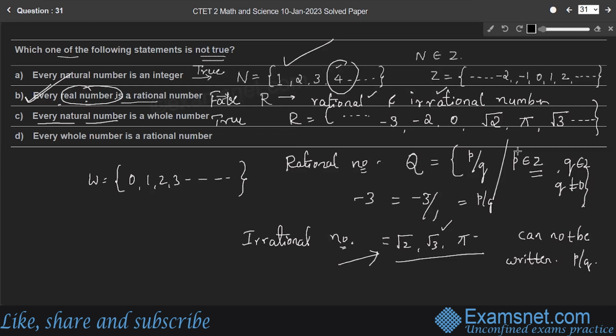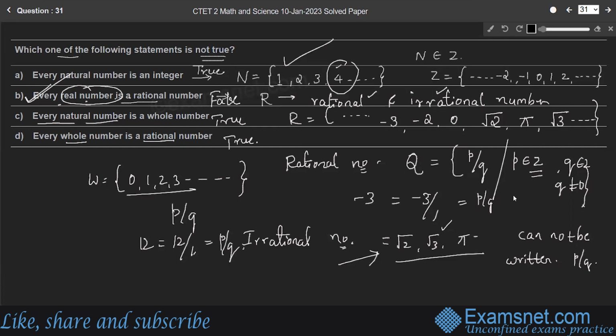Whereas the last statement, every whole number is a rational number, which can be expressed in the form p by q. You can take any whole number, for example, 12. 12 can be written as 12 by 1, which is p by q, right? Therefore, every whole number is a rational number, a true statement. So among the 4 options, option B, the second statement, is not true.